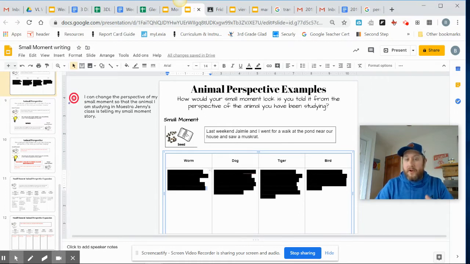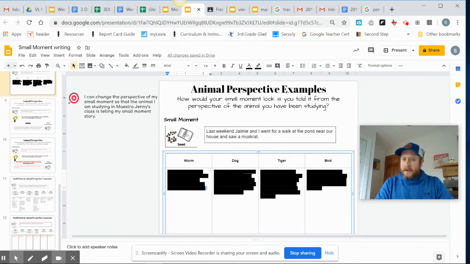You know, we weren't by our home anymore because our home would be the tunnel. So last weekend, Jamie and I wiggled out of our tunnels. And then instead of going for a walk, maybe we slithered around the pond instead of walking around the pond.